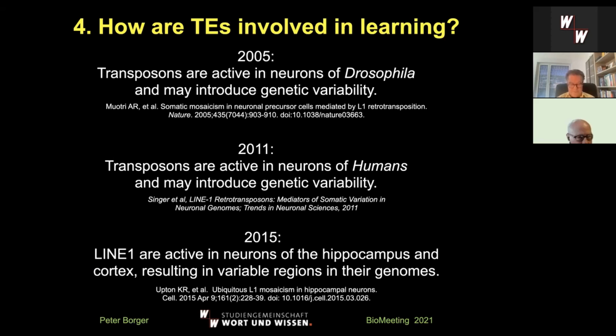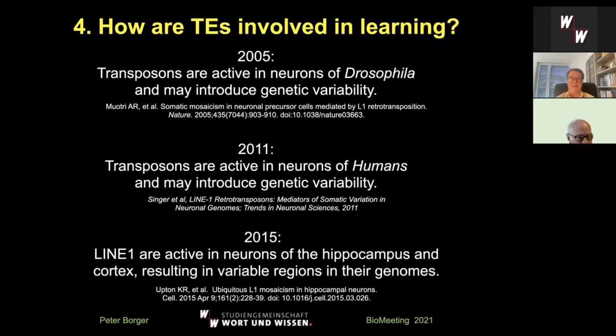And I was not even very surprised to find that indeed transposons are active in neurons of the fruit fly, Drosophila, and may there introduce genetic variability. This was the first study, in 2005, that showed this, and it was a very intriguing study. In those days, people did not really know how to interpret these data.